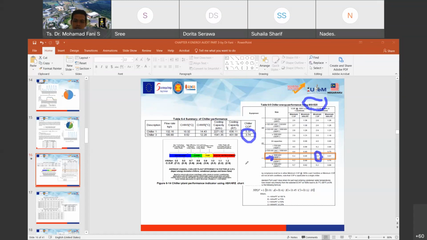So that means the chiller is not efficient anymore when we refer to standard. 100% load condition also, okay, with the 5.4. So if the chiller 1 running with the 100% load condition, this chiller also does not meet the standard.